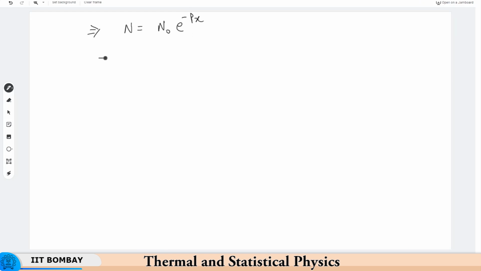And let us define a function f of x, which is n divided by n0, which is equal to e raised to the power minus px. And what is this?